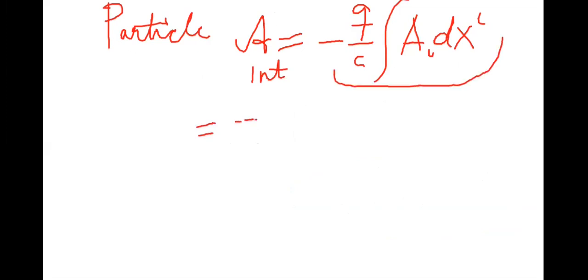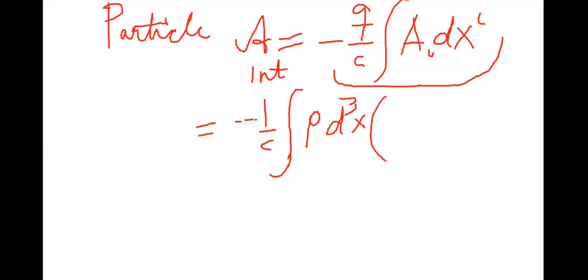Just try to open it out and it will come fairly easily. In place of q, you can write rho d3x, and you can open up the next term, that is ai, so you can write it always like this, a0 dx0, okay, plus you will write a1 dx1, a2 dx2, a3 dx3, because I is the dummy index here.